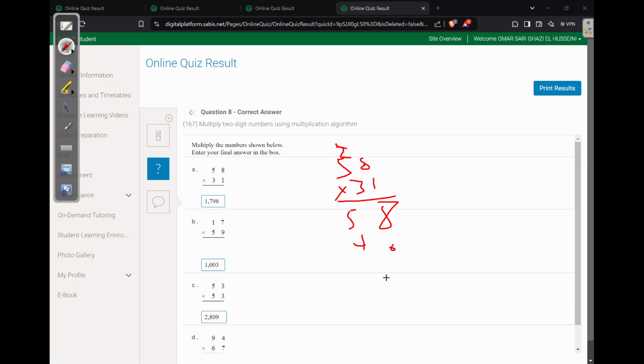Wait, no, 0 here. And now 3 times that's 24. Okay, 3 to 15. Now we add that 2 equals. The answer is 179.